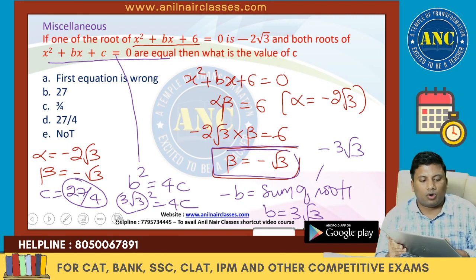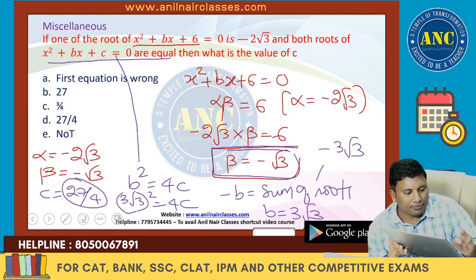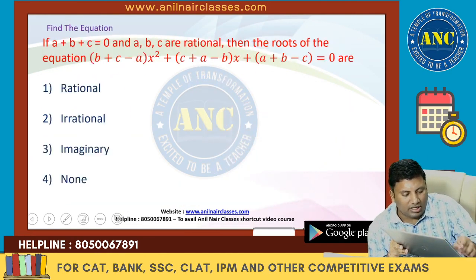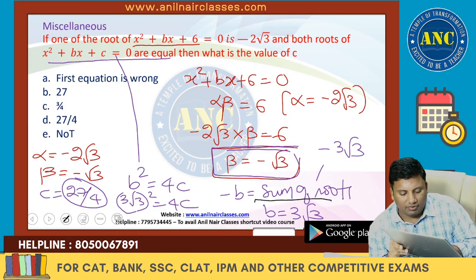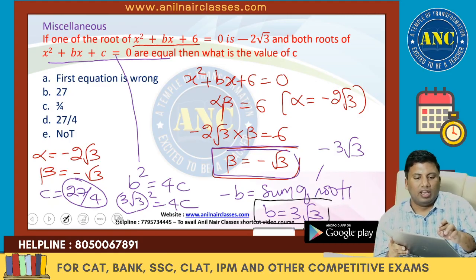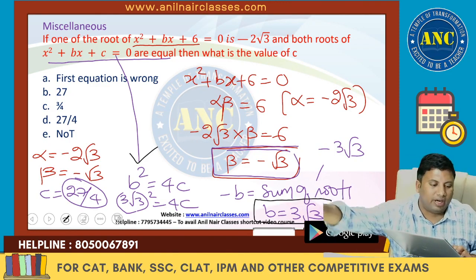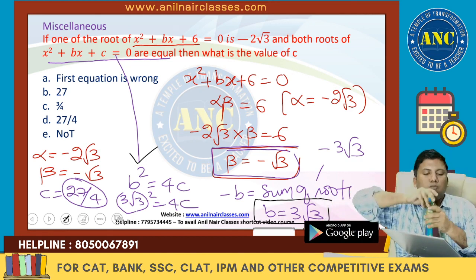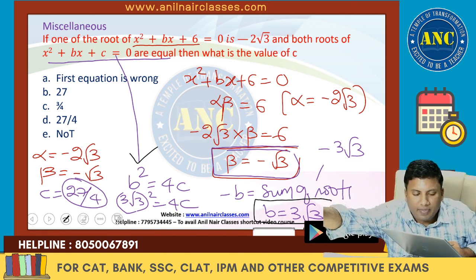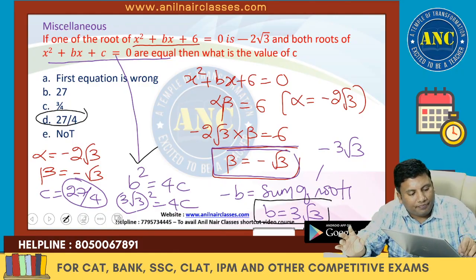With roots minus root 3 and minus 2 root 3, the sum of the roots is 3 root 3. If the roots are equal, b square equals 4ac. Answer is 27 by 4.